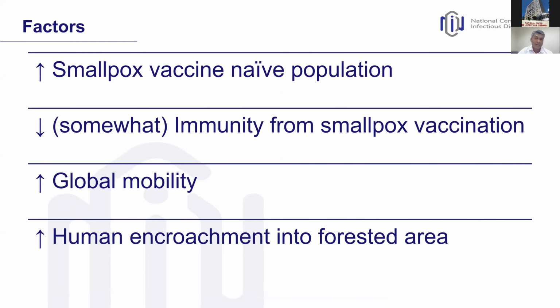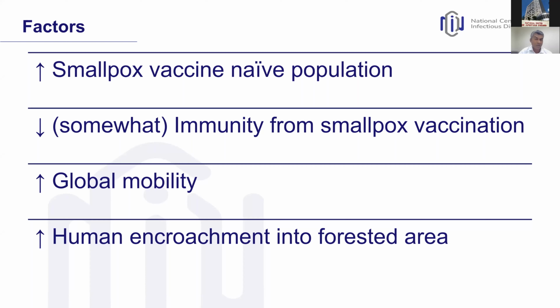So the factors that are contributing to the surge in monkeypox and also the potentially differing presentation might be an increase in population that is smallpox vaccine naive, and also somewhat a reduction in the smallpox vaccination in the past. Most countries stopped smallpox vaccination around late 1970s and early 1980s.